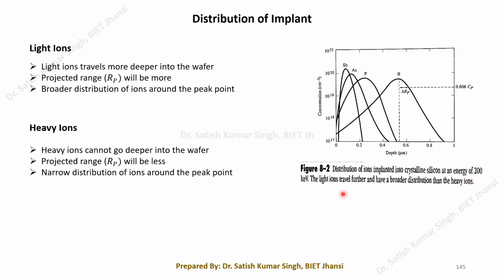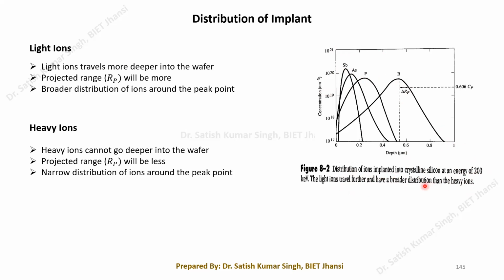Whether it is boron, phosphorus, arsenic, or antimony, all the dopants have the same implant energy, 200 kilo electron volt.